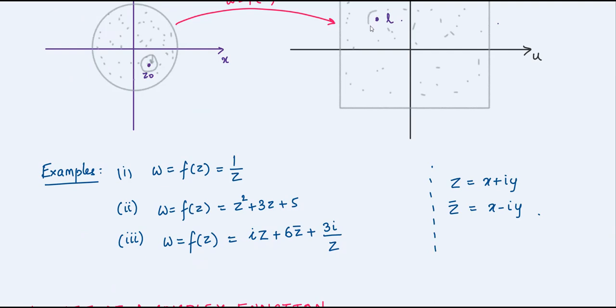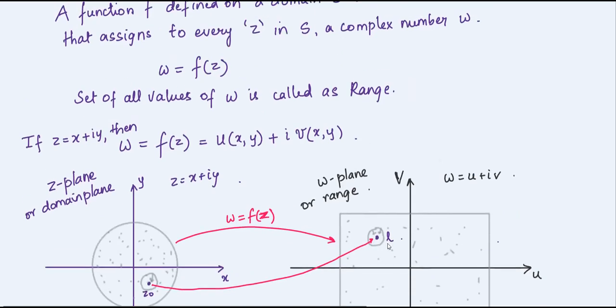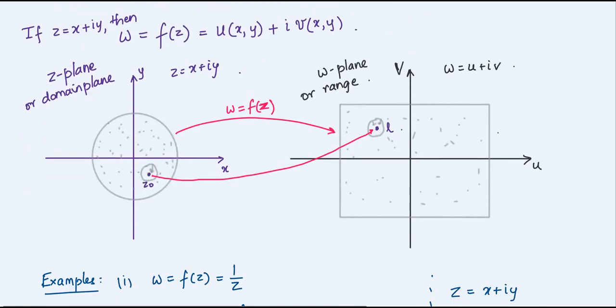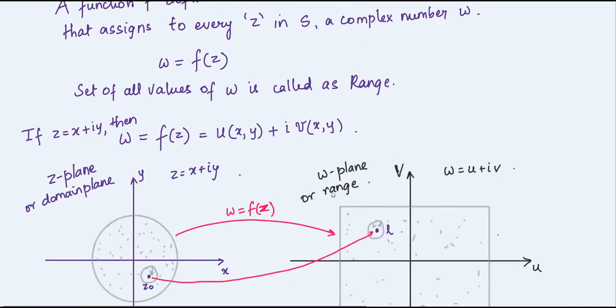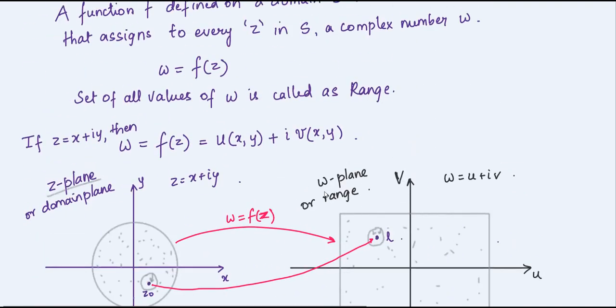And whenever you choose any point in the neighborhood of z naught, you will end up with a point in the neighborhood of L, no matter how small it is. That is what limit means. That means as I approach z naught in the z plane, my function value approaches L in the W plane. The z plane and the W plane.